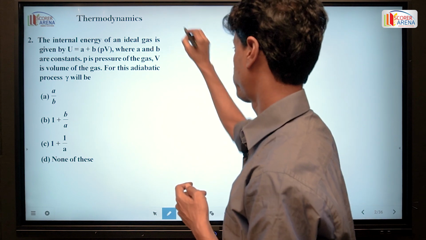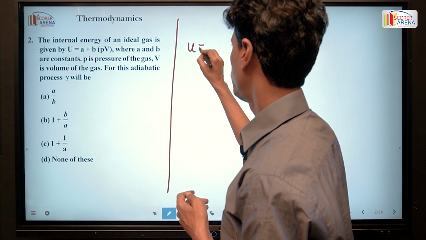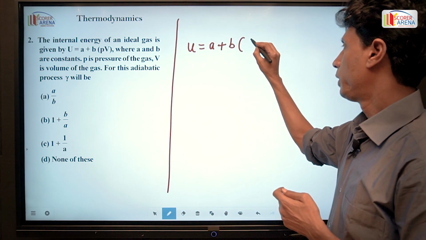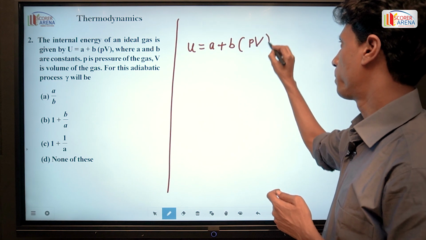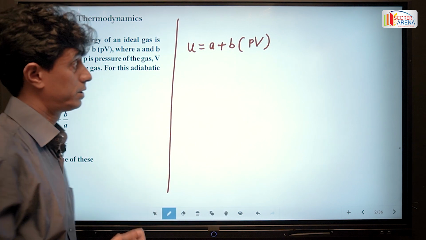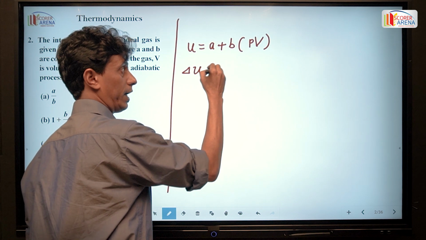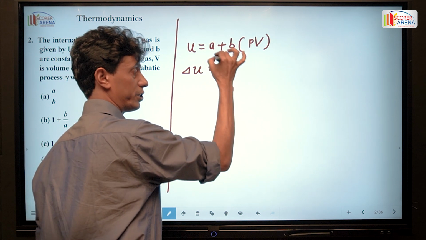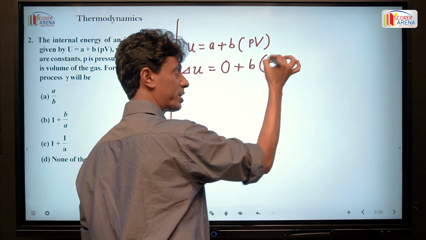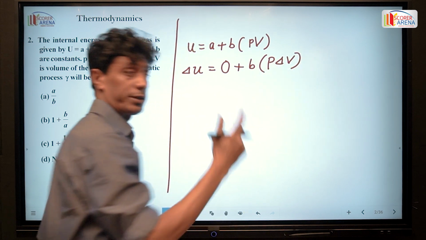Again we can say internal energy U is equal to, given in the problem, A plus B P V. If we change the temperature of the gas, we can get the change in internal energy, and A, since it is a constant term, gives 0, and B remains as usual, and here, keeping pressure fixed, we can get the change in volume due to the change in temperature.